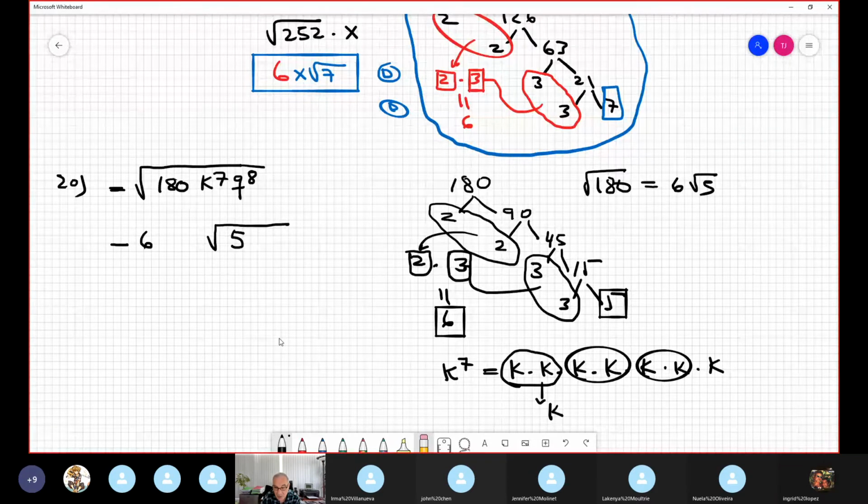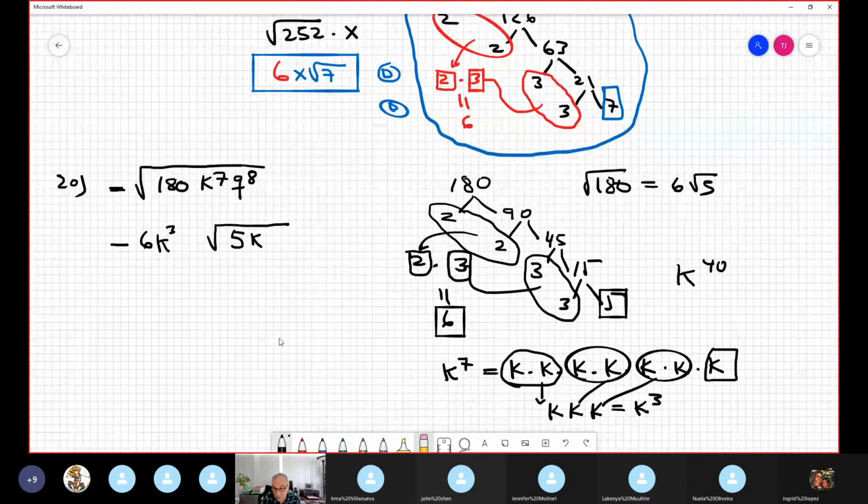This represents 1 K. This represents another K. This represents another K. In total, K cubed. And K cubed outside. And stay 1 K inside the radical. Some people prefer that way. What are the disadvantages? Well, the disadvantage is if you have K to the 400, you need to write K 400 times.